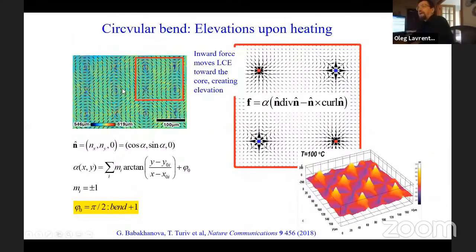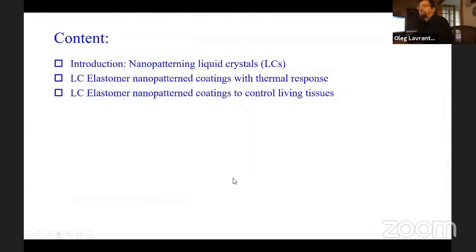But if the pattern contains the circular deformations, then the sign of the active force is opposite, and the active force would produce more material in the center of the elastomer, and you would have the spike that grows up in the coating. It's like the goosebumps on your skin when the temperature drops significantly.